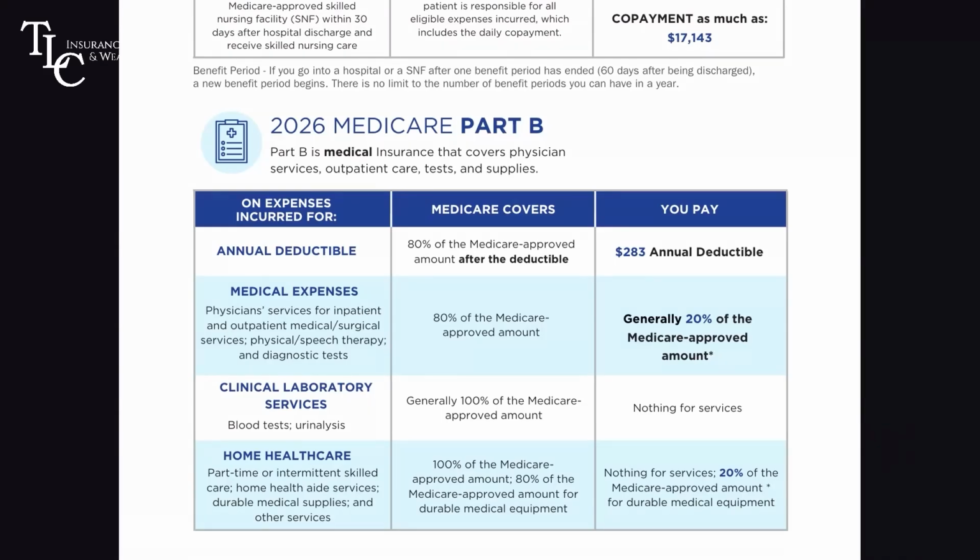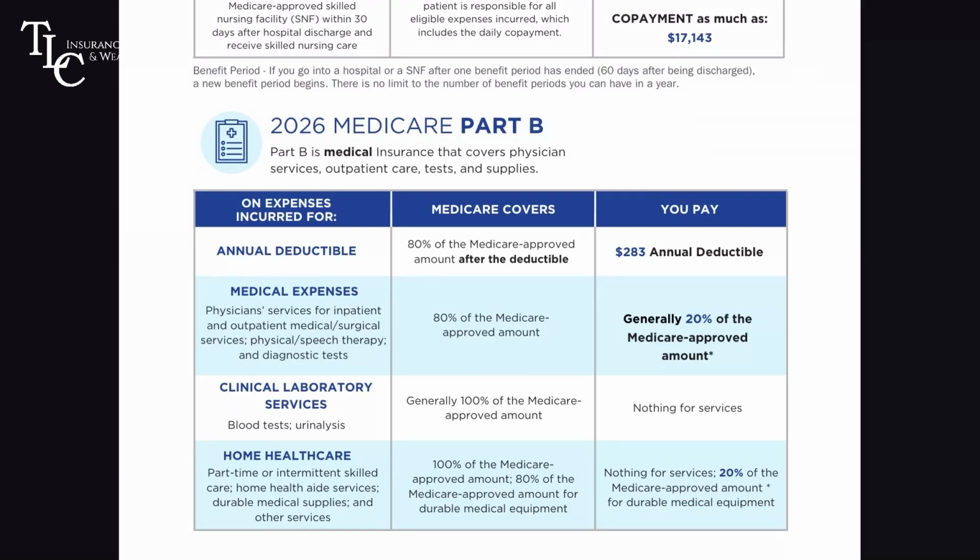When you look at the annual deductible, Medicare will cover 80% of the Medicare approved amount once you, as the beneficiary, have met that annual deductible. It's really not bad insurance. 80% the government's going to pay for Medicare approved amounts, for Medicare approved procedures, equipment, medications. And then after that, you're going to pay 20% as the recipient in most instances.